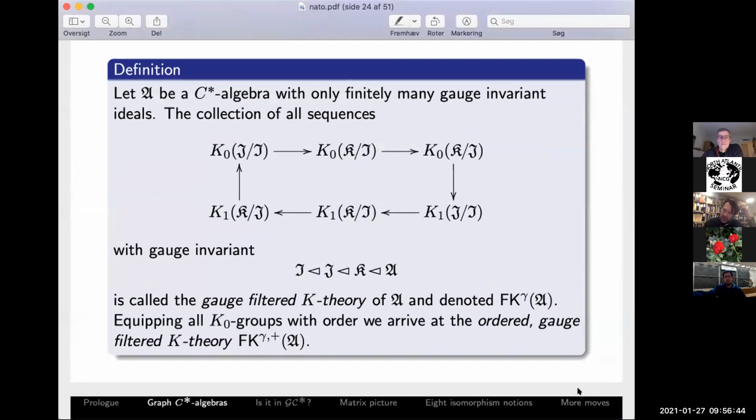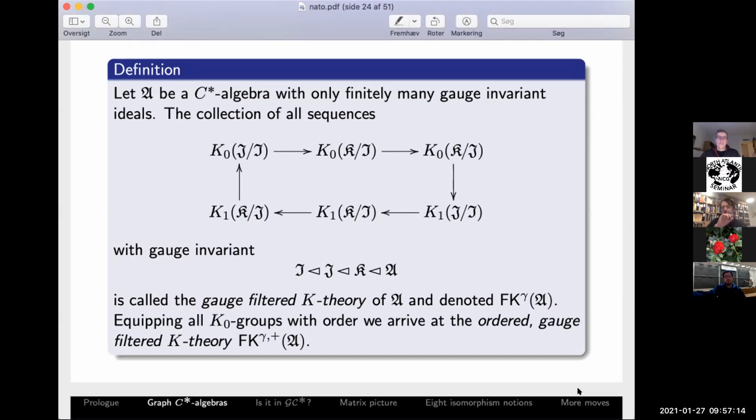What you can try is to change the rules a little bit. Let's assume now, making it slightly more general, that there are only finitely many gauge invariant ideals. Some ideals are going to be gauge invariant and some are not. There can be infinitely many non-gauge invariant ideals, but I'm asking for only finitely many gauge invariant ideals. That's automatic if you have a unital graph algebra.